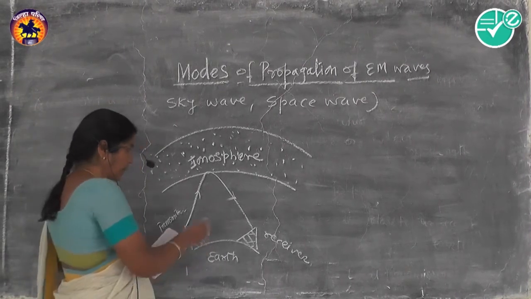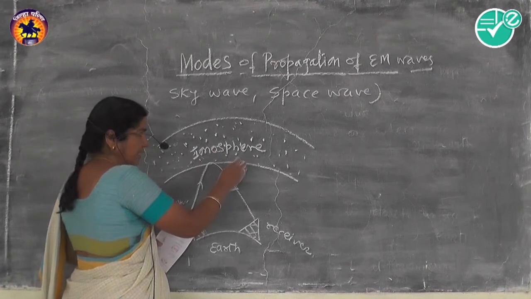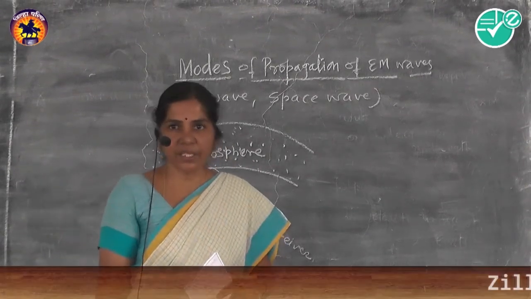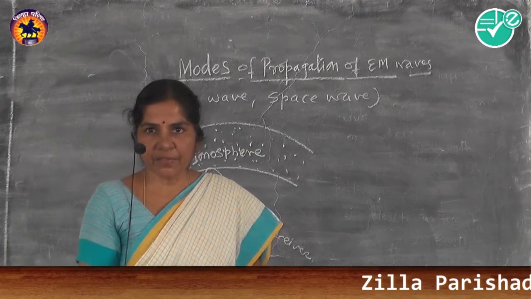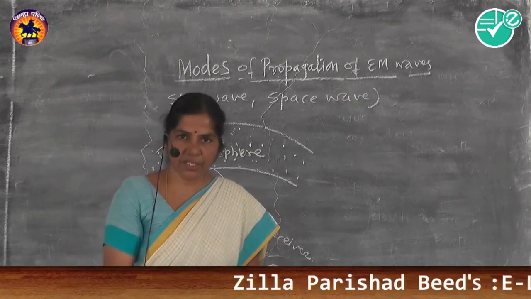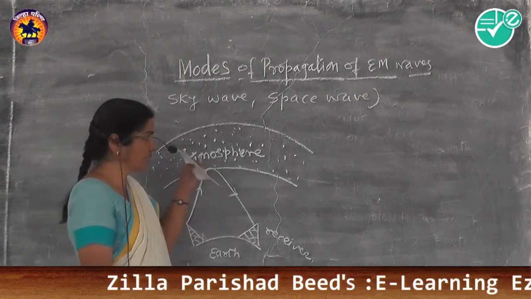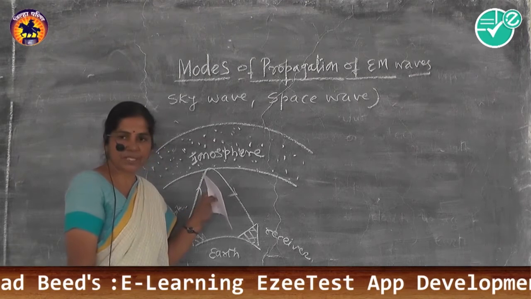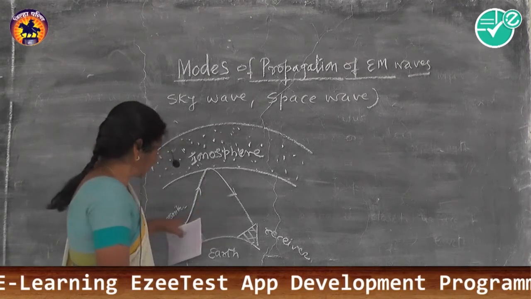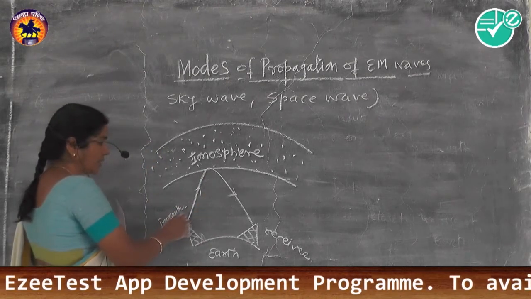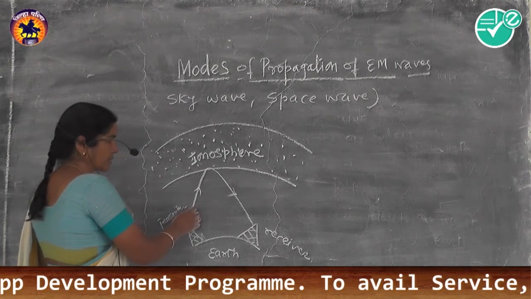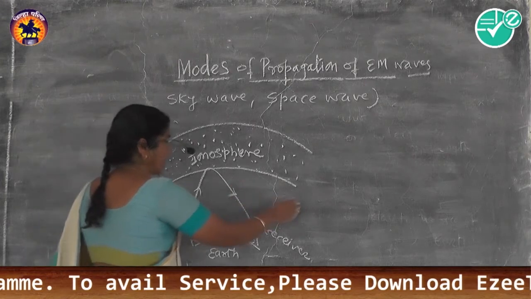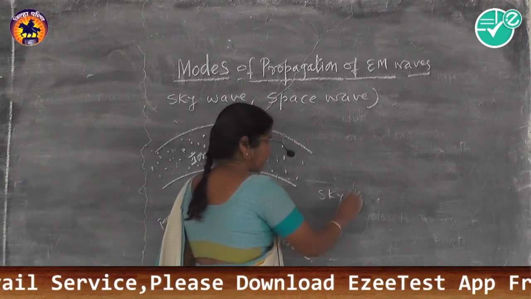Here the electron density increases during night and decreases during daytime. As there is a variation of temperature, there is a variation of electron density in the layer, so mostly during night this type of wave propagation is preferable. The propagation of electromagnetic waves with the reflection of the ionosphere is known as sky wave propagation.